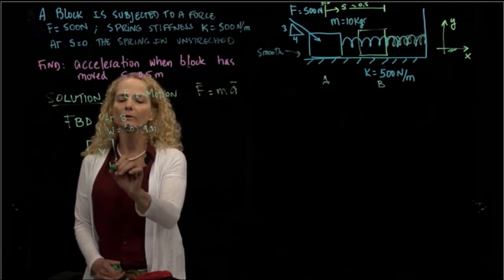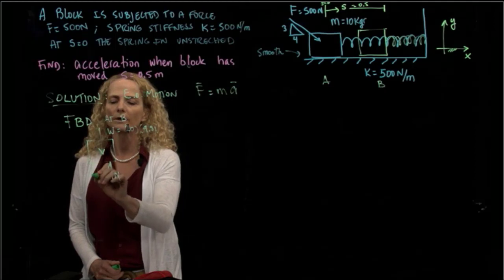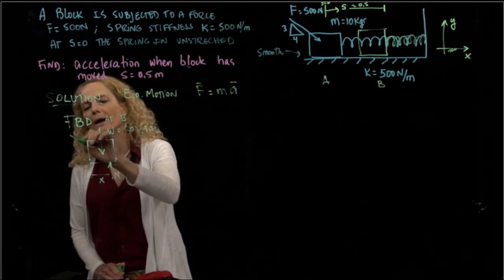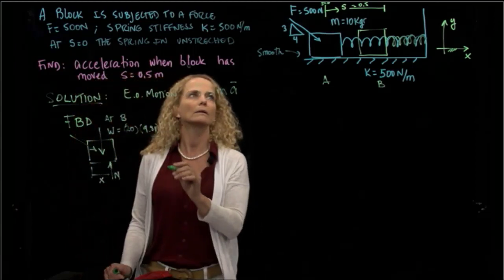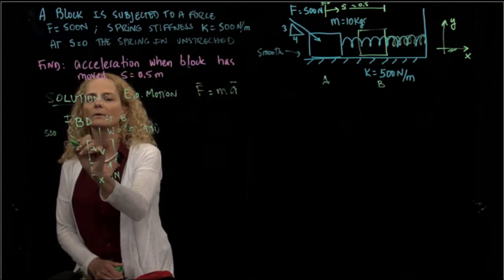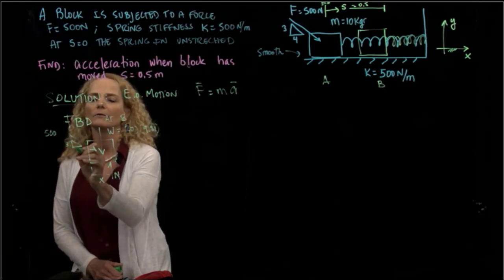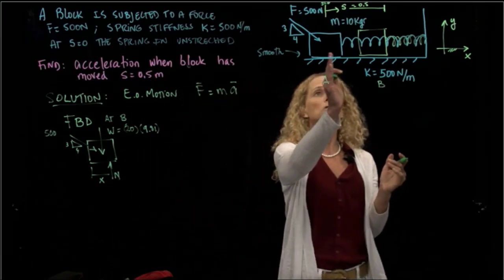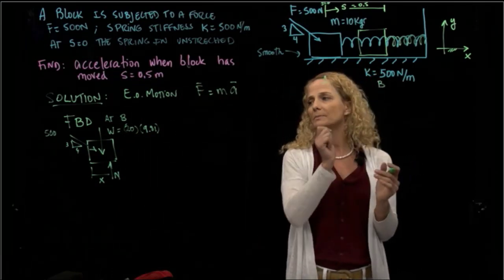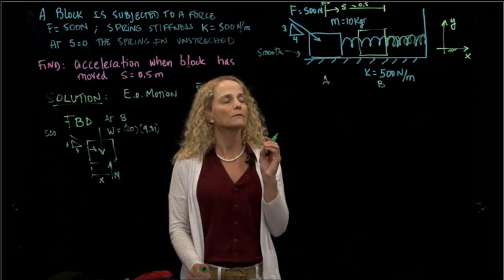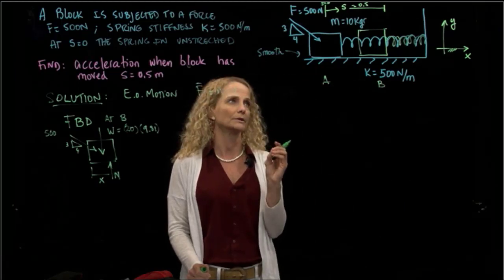And then I have my normal force, which I don't know where it's located. And then I have a force applied to my block, which is 500 newtons, and I know this angle, which is 3/4. And then I have the spring. Since I'm moving and compressing the spring, the important part here is to put the force of the spring in the correct direction.